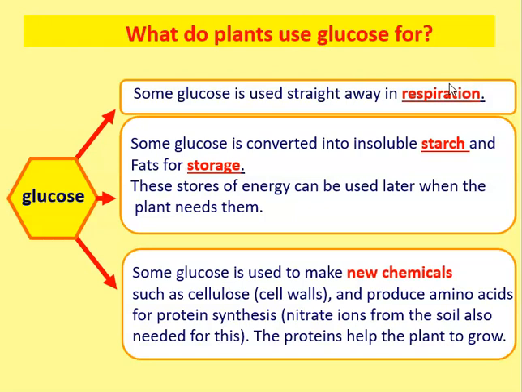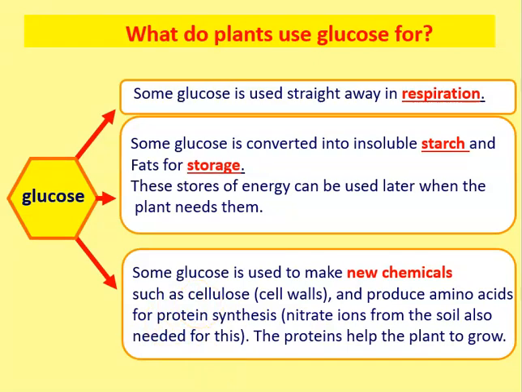Now, nitrates or minerals from the soil also help with that, but it's really key that the proteins are made, because that is what helps the plant to grow. Okay, so please remember, we've got respiration, we've got storage molecules, and then we've got the glucose being made to make other molecules such as cellulose and protein, which help the plants to grow. Okay, so jot those down, make sure you know examples and you can recall them for the exam.